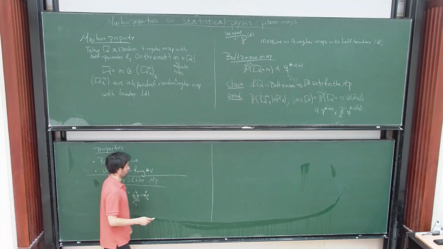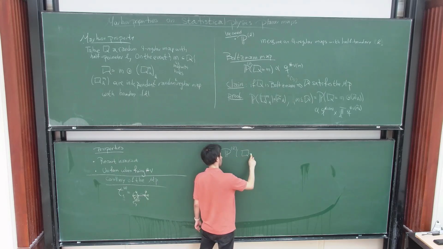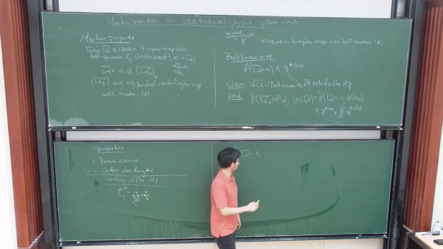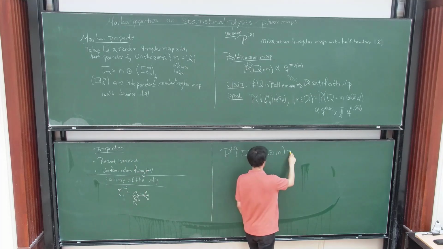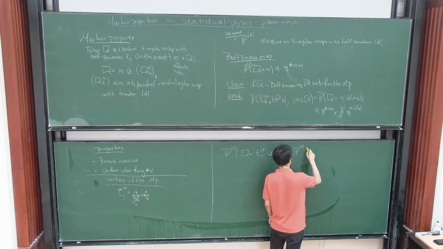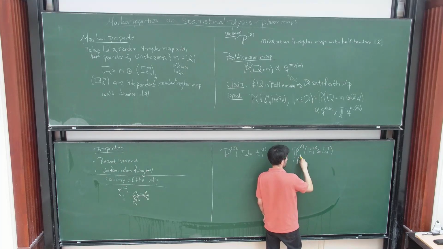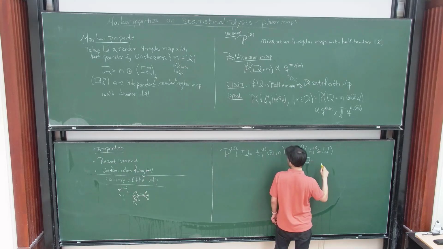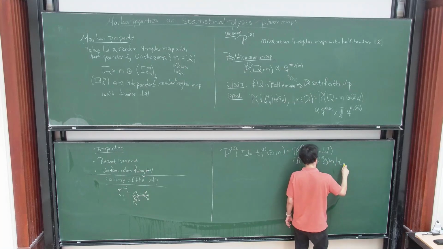So what the Markov property tells us is that the probability that my map is equal to, so I have at the beginning a vertex connected to the root edge, that's T1, glued with any other map, is equal to the probability of T1 L contained in Q times the probability that Q is equal to, so that's glued with M, given T1 L.